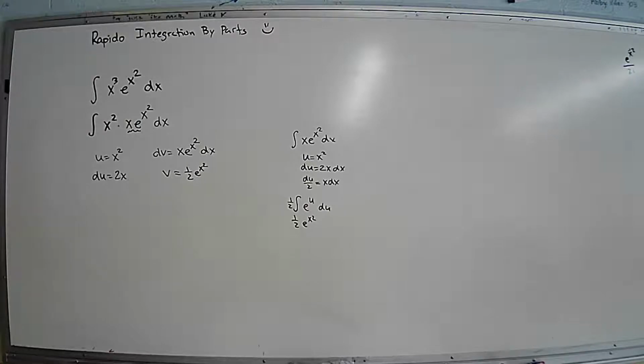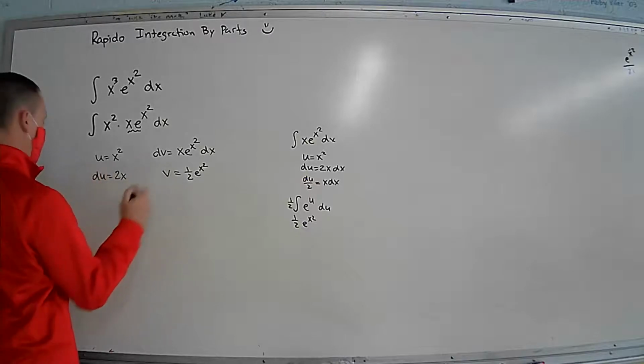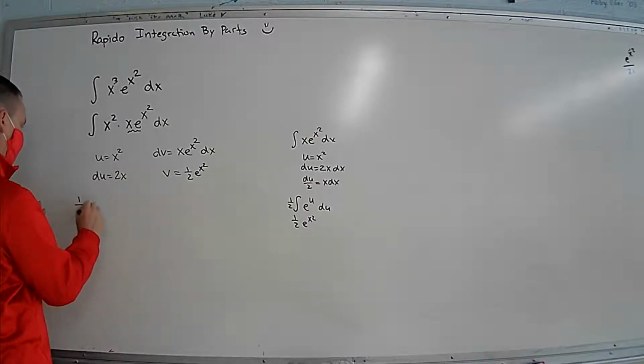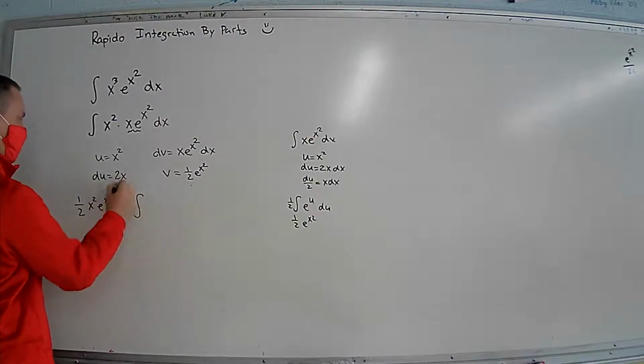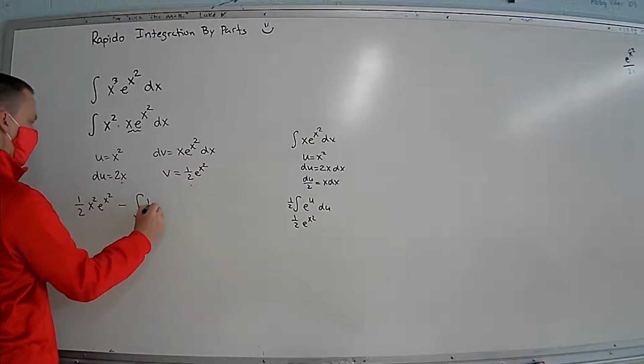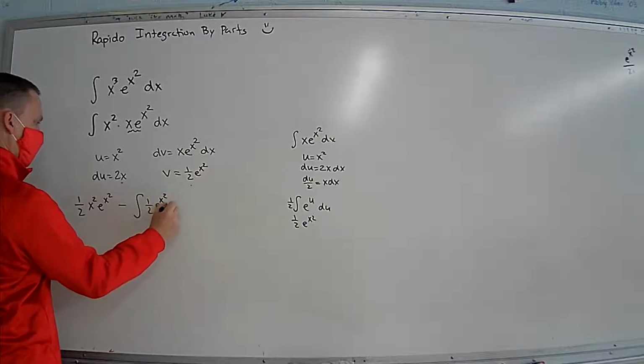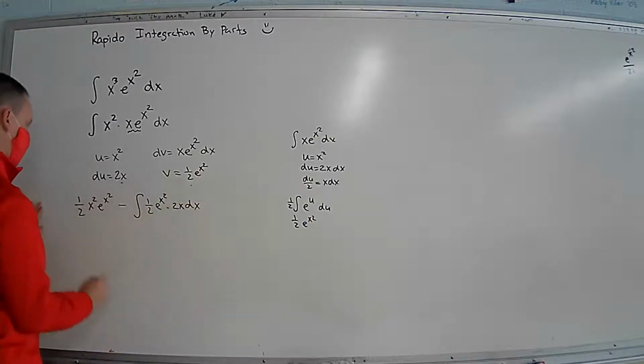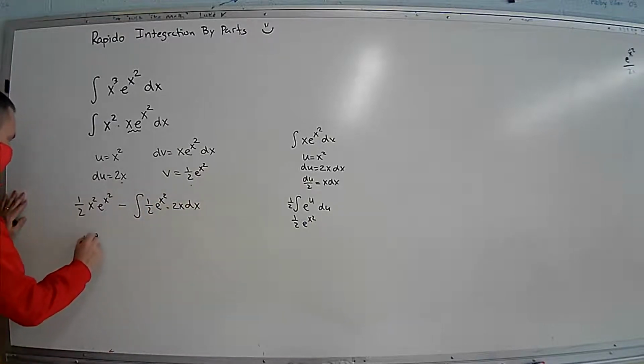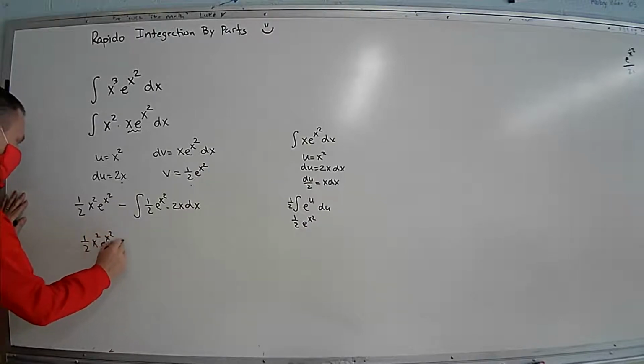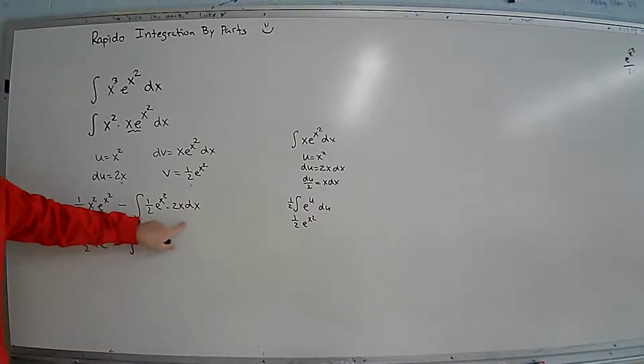Okay? Somehow set it up. U times v minus the integral of v du. And if I actually clean that up a little bit, what's left here?